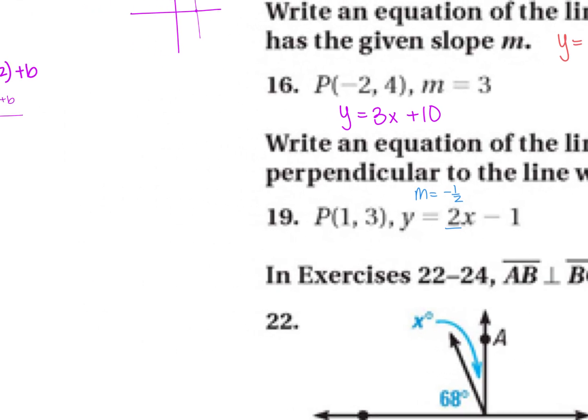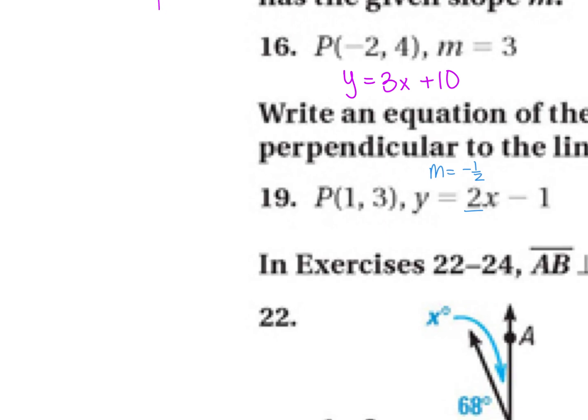So I'm still using y equals mx plus b, but the m is going to be my perpendicular slope. So I'm going to have 3 equals negative 1 over 2 times 1 plus b. I'm going to get 3 equals negative 1 over 2 plus b.